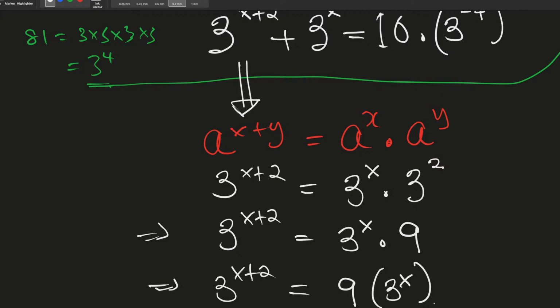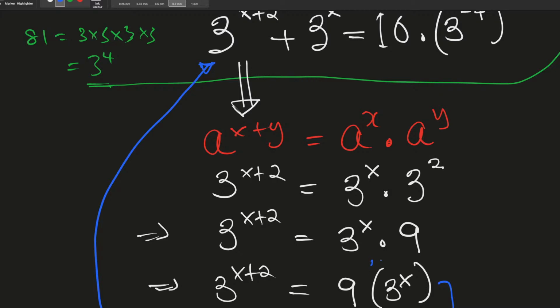So now, all I'm going to do is substitute it back to where I took it from. Okay, friends, you see? Wherever I see 3 raised to the power x plus 2, I'm going to replace it with this.